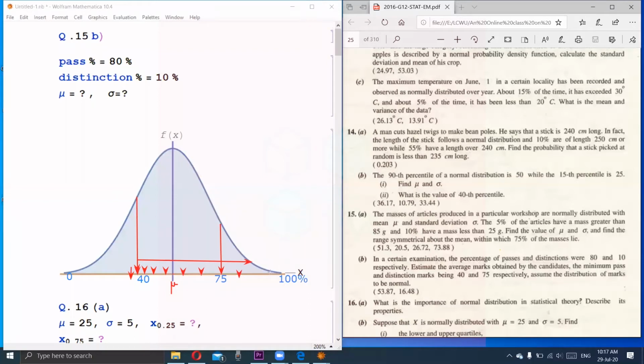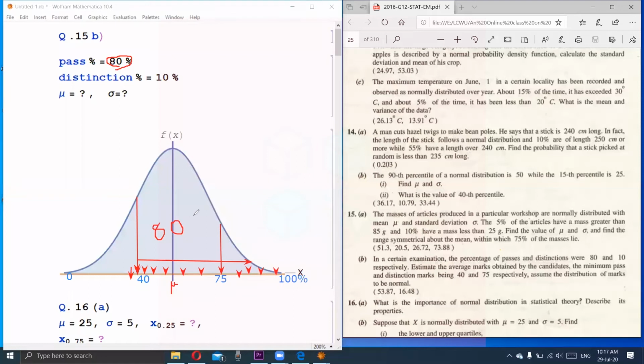The points closer to 100 are also counted as pass. So all these points using the red arrows are considered the pass students, and the percentage is 80%, and the area is on the right side, starting from 40 up to 100.